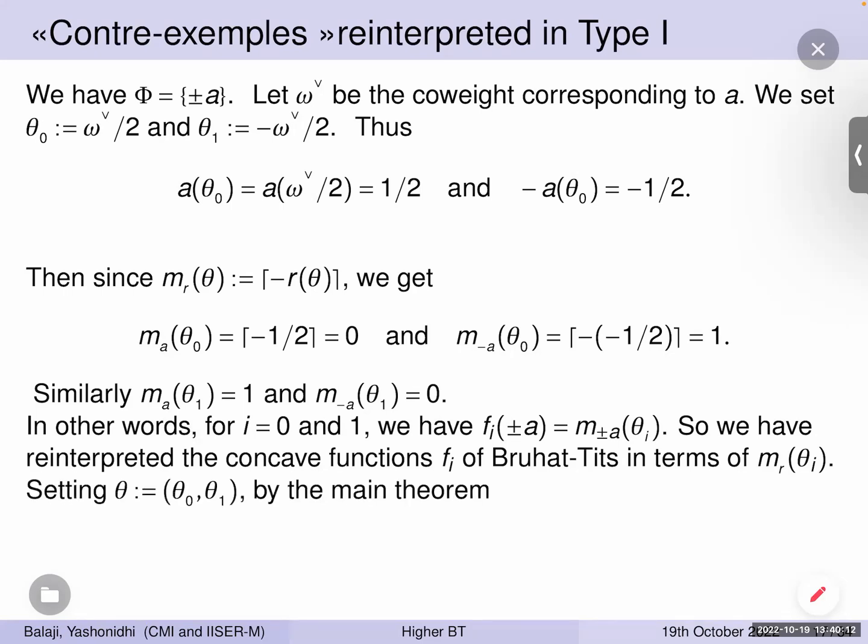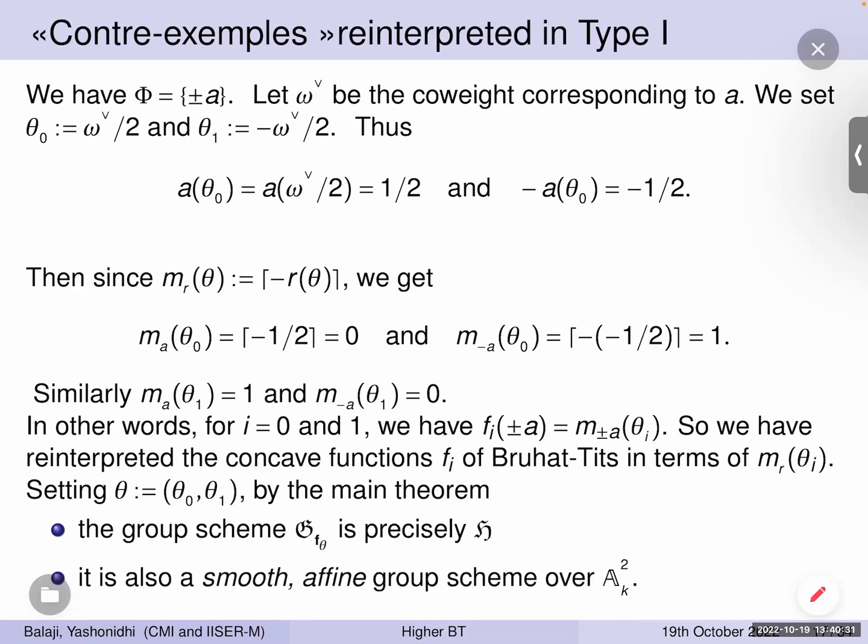Now, setting boldface theta as the pair theta_0 and theta_1, by the main theorem the group scheme we get, which is G_{F_theta}, is precisely the scheme H. It is also a smooth and affine group scheme over A^2.